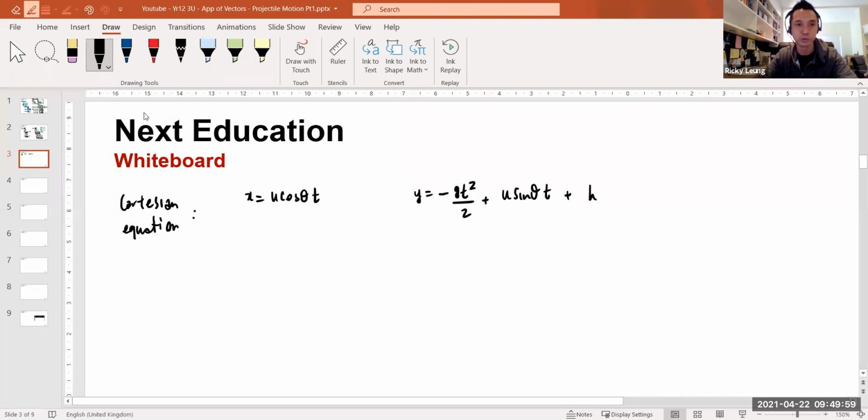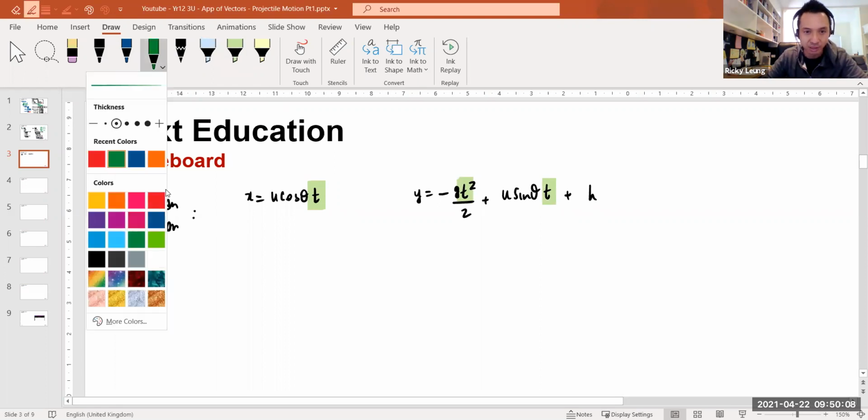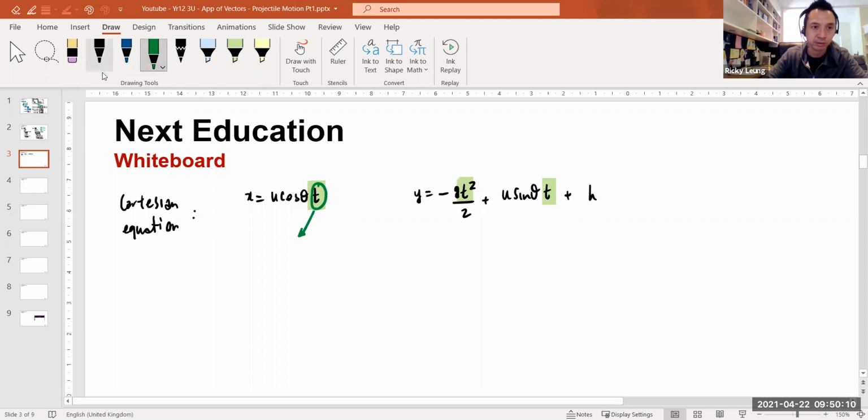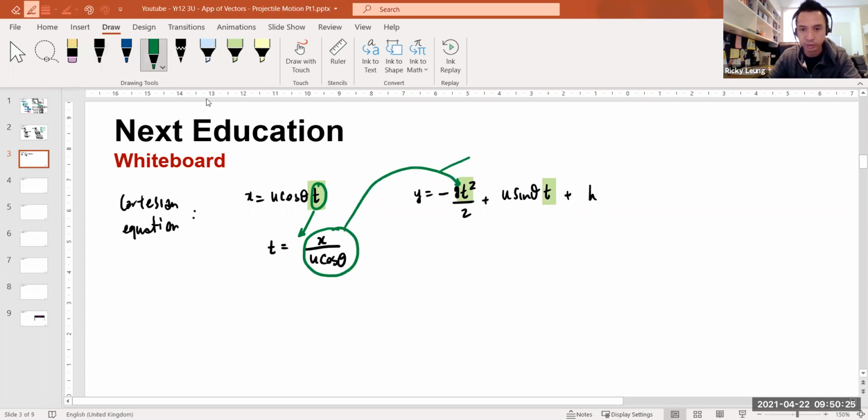Like I said before, this is parametric right now, and the best way to solve parametric equations is to make the parameter the subject. So t equals x on u cos theta. Then drop this into the values of t there, in which case the t disappears and you'll have an equation with just y's and x's as the key variables, hence a Cartesian equation.